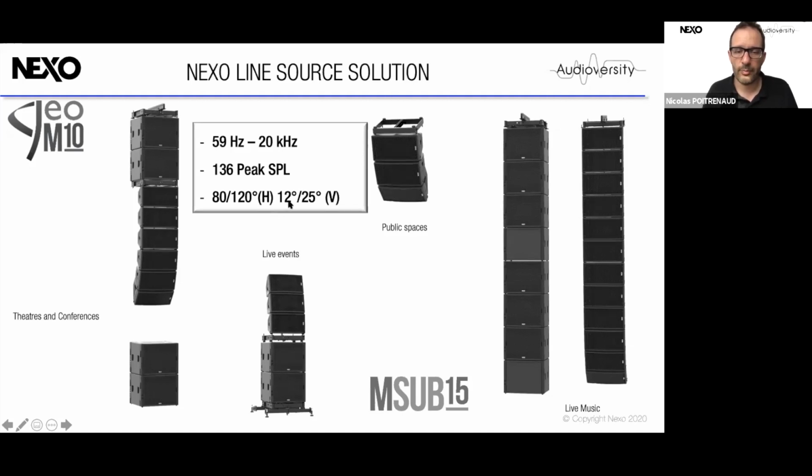The angle available goes to 12 degrees if we use M1012, but we also have a special cabinet that can go up to 25 degrees for downfield application, for example. Horizontal coverage comes by default with 80 degrees, but can be changed to 120 degrees by adding additional flanges.